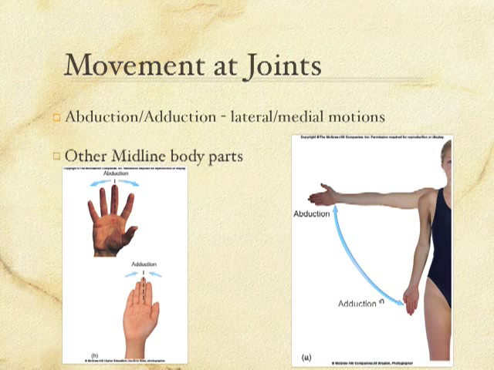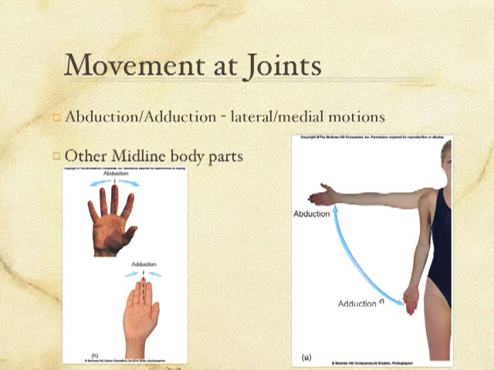Okay, that's a lateral medial motion, isn't it? In anatomical position, nothing is going forward or back. And so what you really need to do is just picture sort of a midline down the center of your hand, and if you're moving away, that's abduction. If you're bringing them back in, that's adduction. That makes sense?